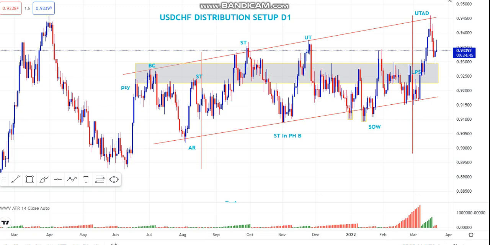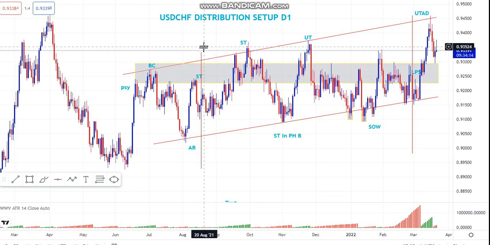So in distribution, in my previous video I have explained that in distribution we have to see a sell setup, and in accumulation we have to see a buying setup. There are five phases, but the basic phases are phase A, phase B, and phase C. This is phase A, from here to here.